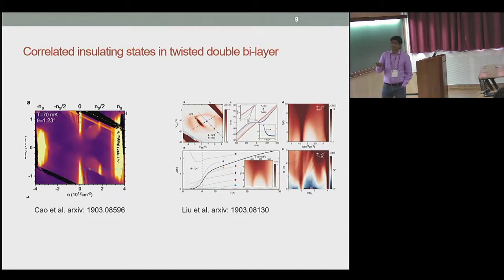This is work from Pablo's group at MIT, and this is from Philip Kim's group. What they basically see is a system which has Moiré gaps. These are the Moiré gaps. I'll go through the phenomenology more carefully when I explain our experiments. Beyond that, they see correlated gaps at half filling of the Moiré band.